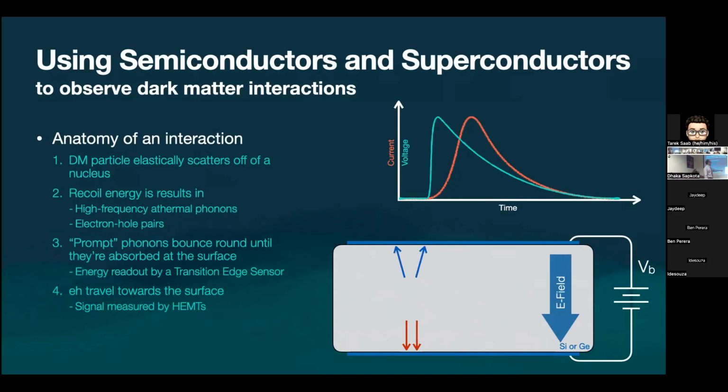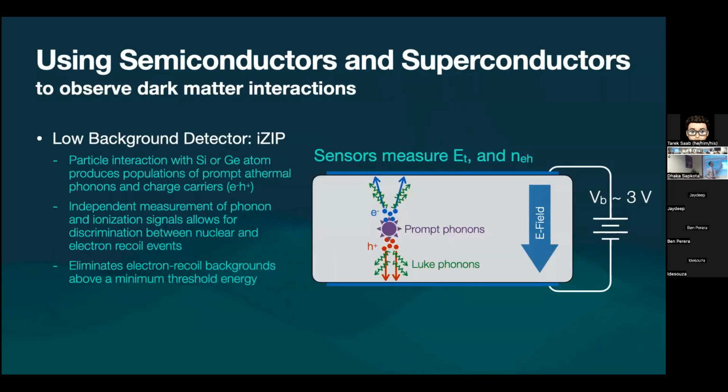There's one other thing that happens as the electrons and holes are moving in the crystal under the influence of the electric field. They're being accelerated, right? So work is being done on them. That energy gets redeposited in the crystal in terms of phonons that are emitted along the way.